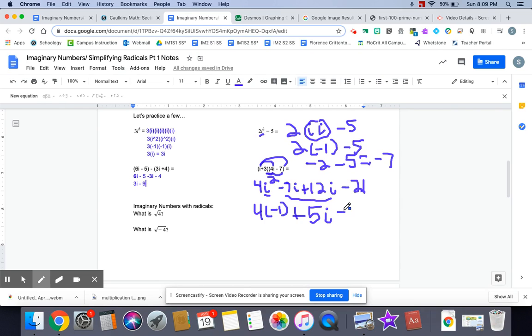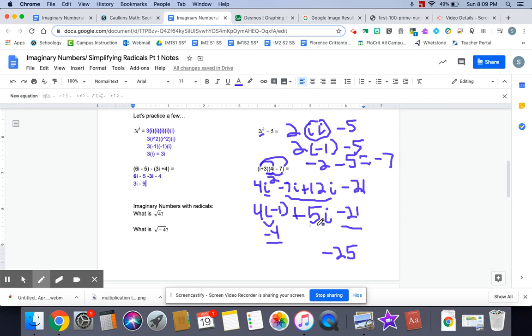And then I still have to bring down my negative 21. Well, 4 times negative 1 is negative 4. And I can combine this negative 4 with my negative 21 because those are real numbers, both of them. If you owe me 4 and you owe me 21, you'll end up owing me 25 when I combine those like terms.